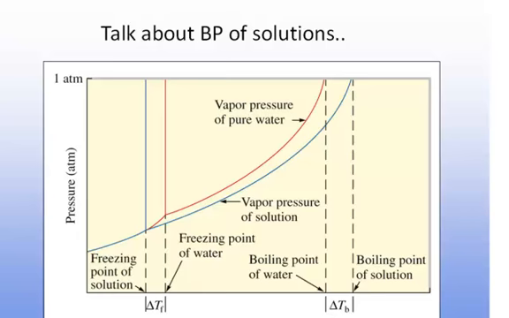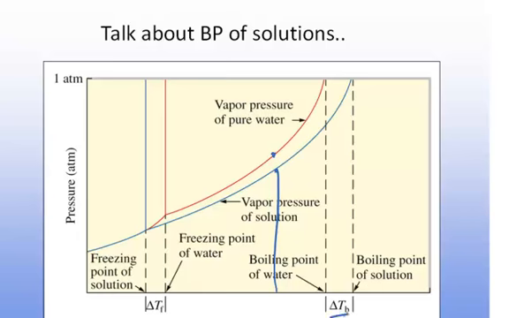That is, at a particular temperature, the vapor pressure of the solution is less than the vapor pressure of the solvent. If the pressure is lower at a given temperature, then you need to raise the solution to a higher temperature in order to bring it up to 1 atmosphere vapor pressure such that the solution will boil.